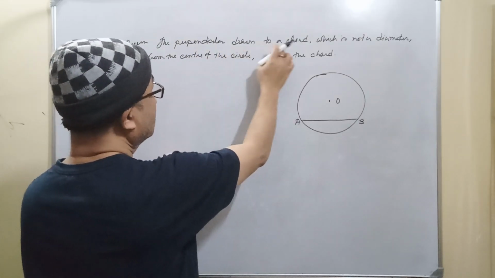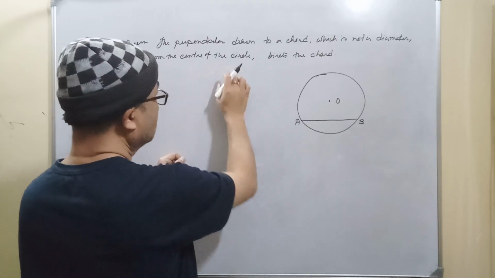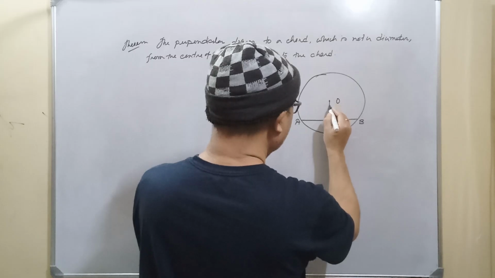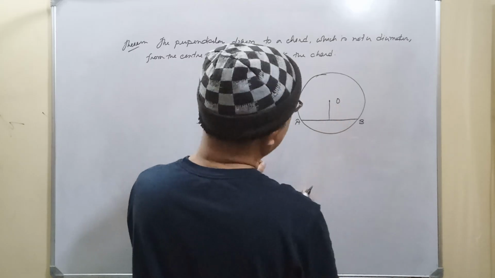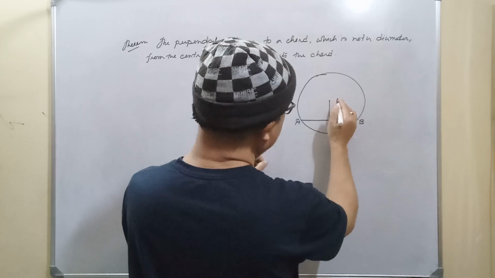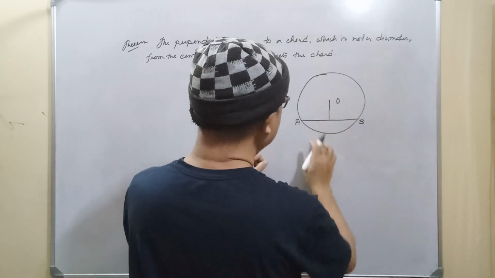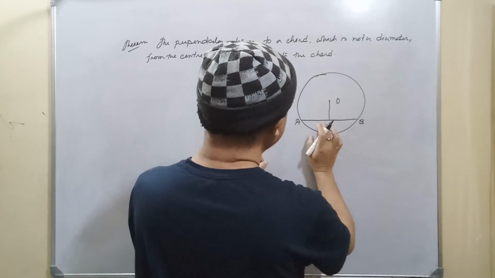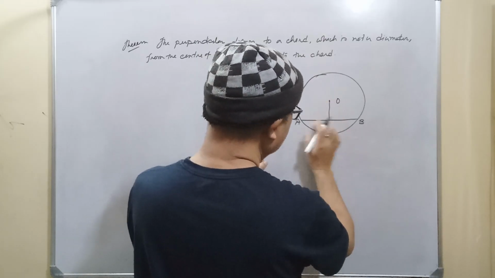Perpendicular drawn to a chord from the center of the circle. So we draw a perpendicular from the center of the circle, which is O, to this chord. We have to prove that this perpendicular bisects AB.